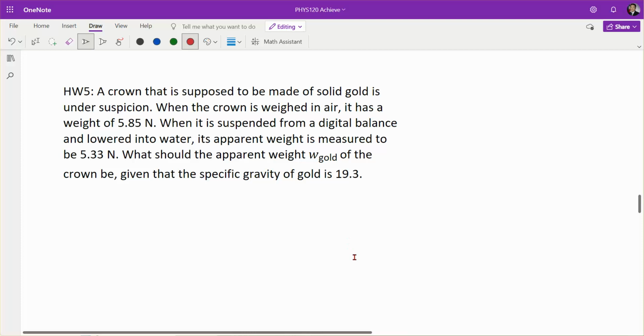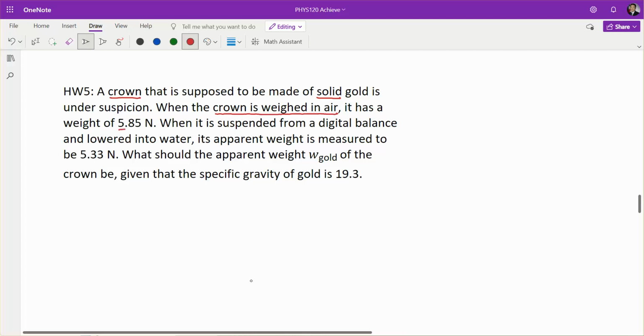Okay, the number 5 problem is talking about a crown. So let's look at the problem itself first. It tells me this crown is made of gold. When the crown is weighed in the air, that simply tells you this is what we call the dry weight.